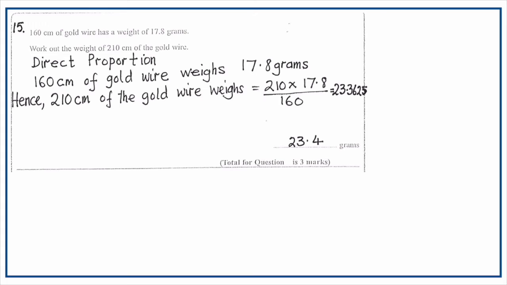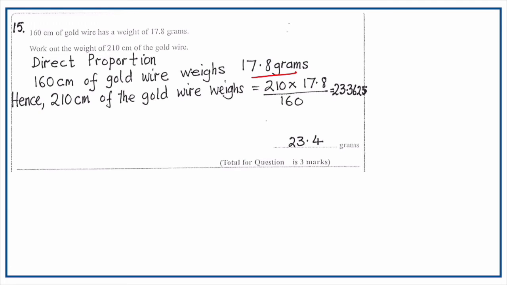Hence, 210 centimeters of the gold wire weighs 210 divided by 160 times 17.8, which equals 23.3625 on the calculator, which is approximately 23.4 grams to 3 significant figures.